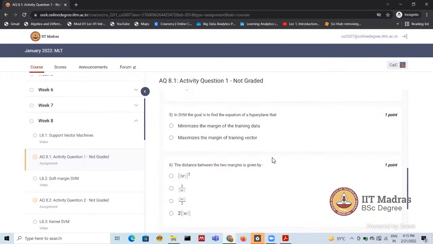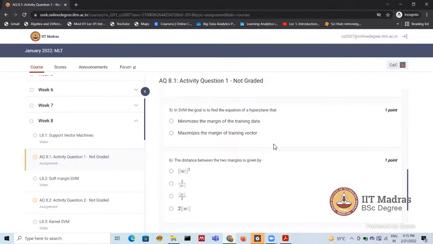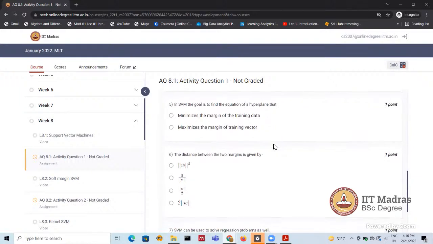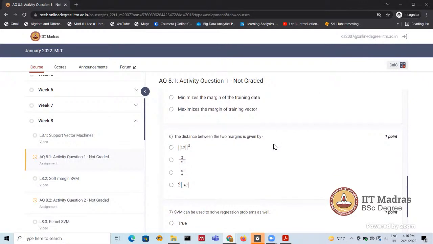In SVM, the goal is to find the equation of a hyperplane such that we maximize the margin of the training data. That's why they are called MMC, maximum margin classifiers.